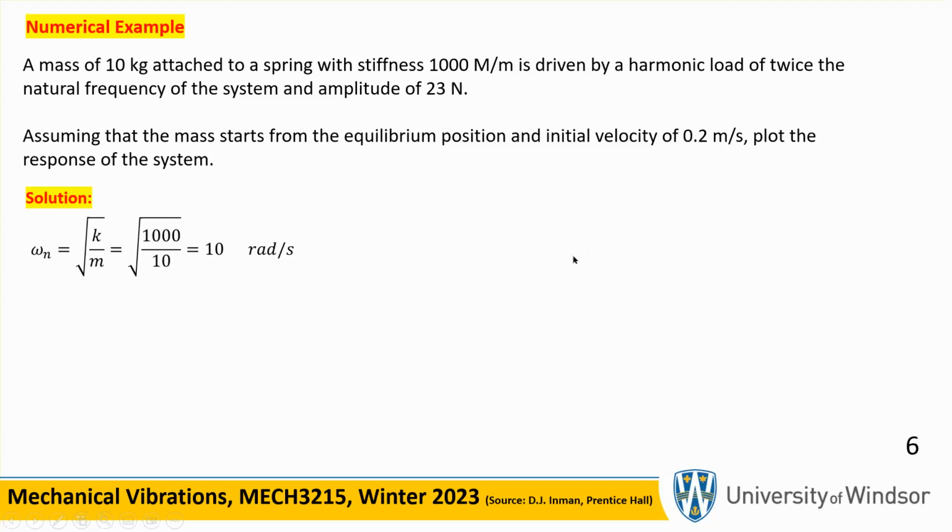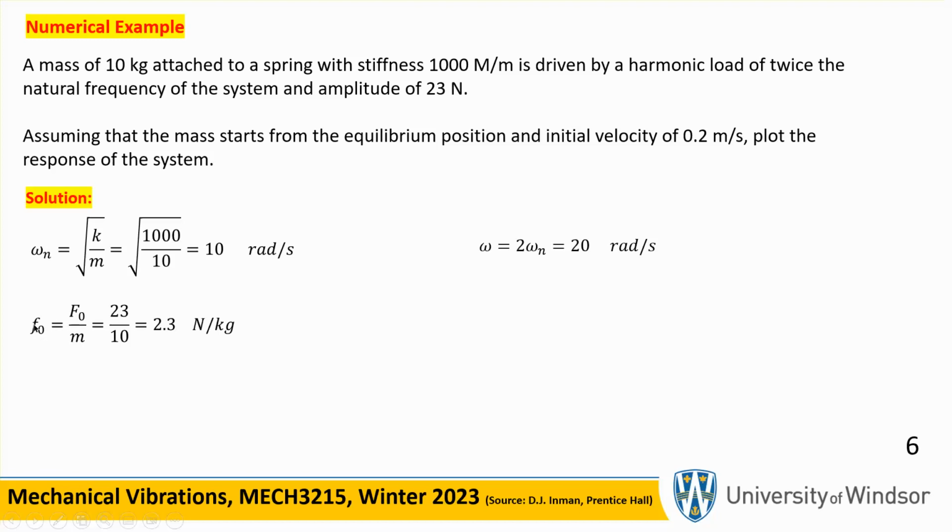Okay, so let's go. First thing that we do is we find the natural frequency, omega n, which is the square root of k over m, 10 radians per second. We know that the driving frequency, that force on the right-hand side of the block, if you refer to the diagram that I showed you a couple of minutes ago, is 2 omega n. So 2 times 10 is 20. Now, little f naught is big F naught over m, where big F naught, the amplitude of the forcing, is 23.